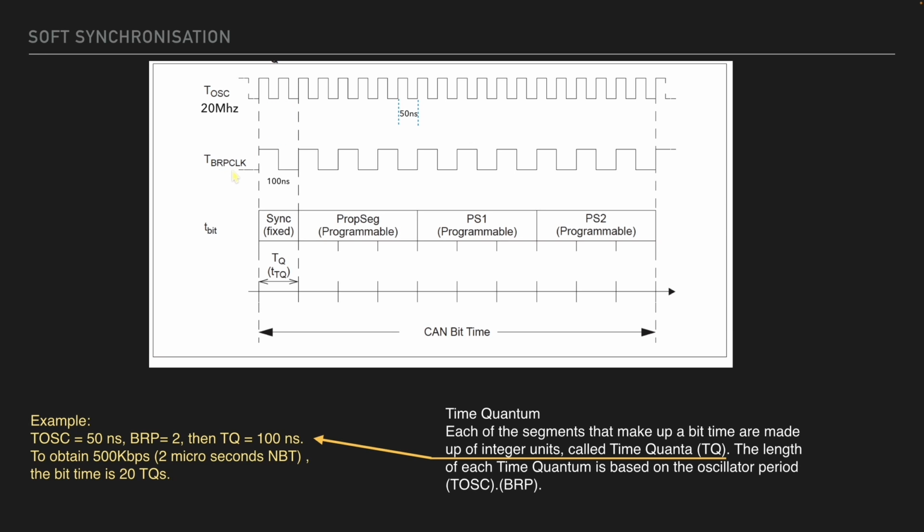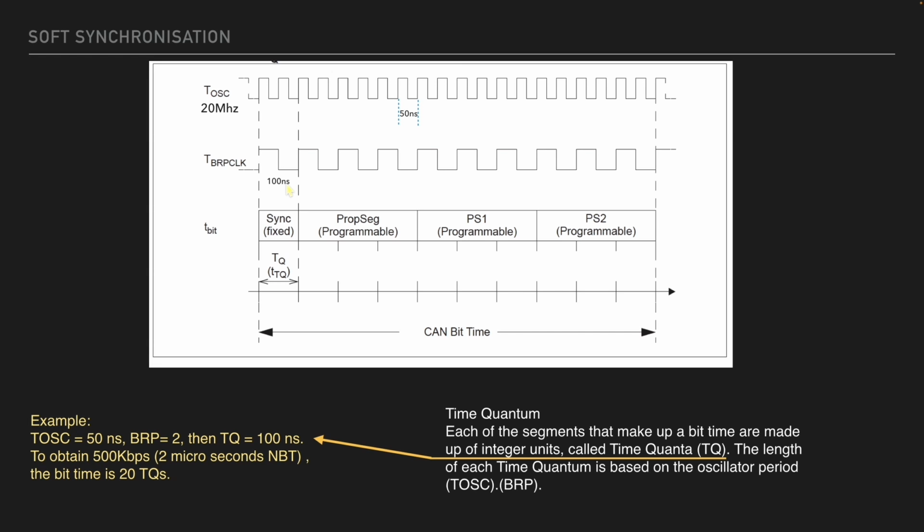In this case, the prescaler is set to 2. So in essence, we divide the clock speed by 2, and this is 100 nanoseconds. So our sync segment that we discussed before is typically set to 1 TQ. In this case, my sync segment will be 100 nanoseconds.